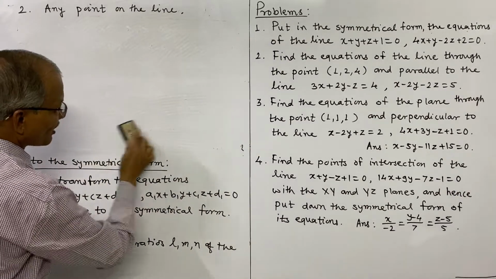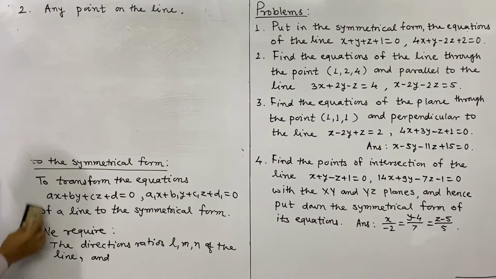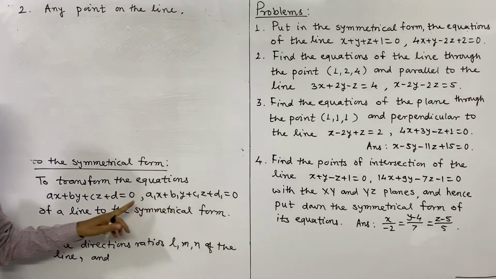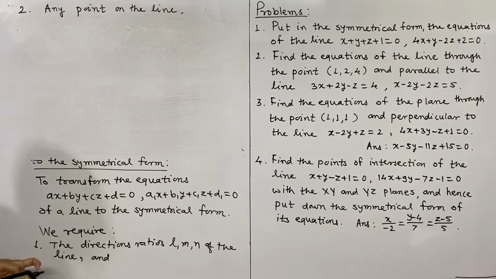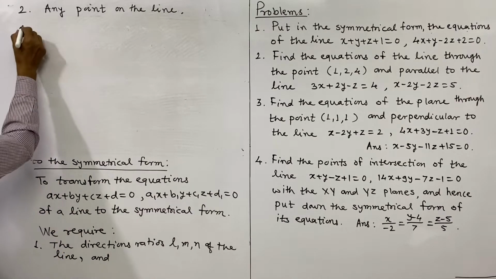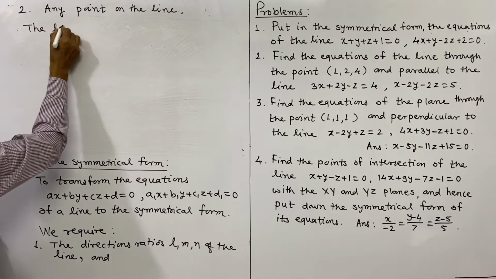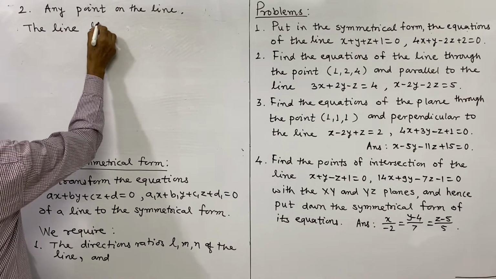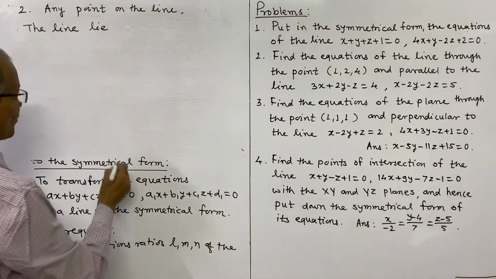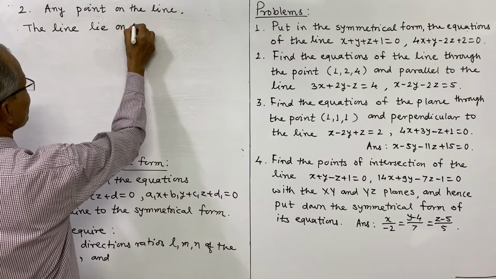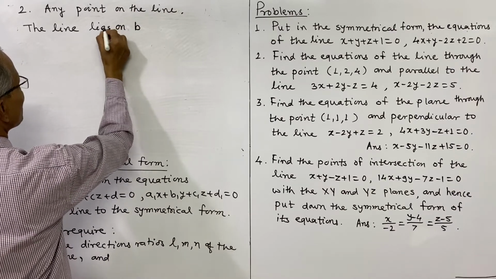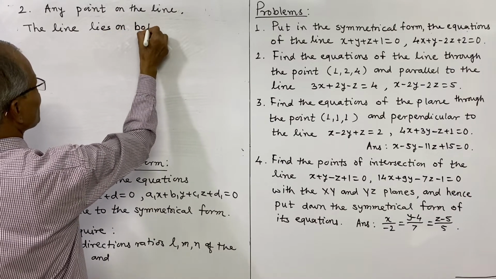Now see, because the line is the intersection of these two planes, the line lies on both the planes.